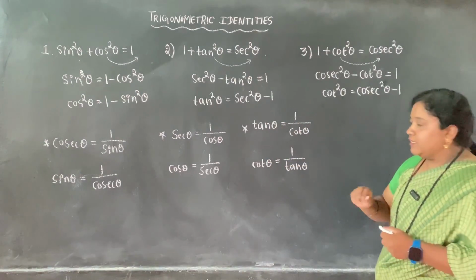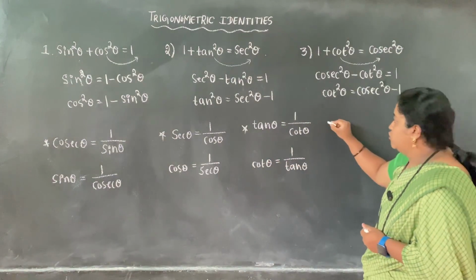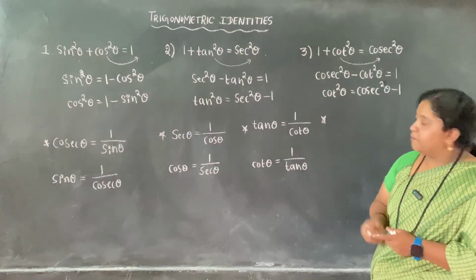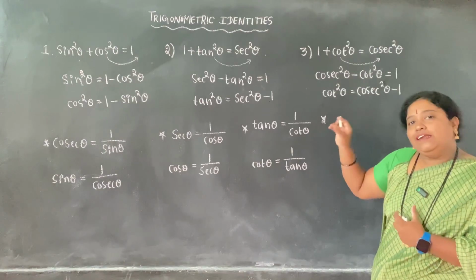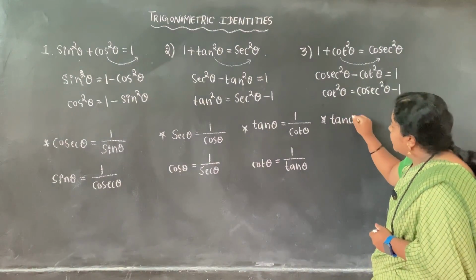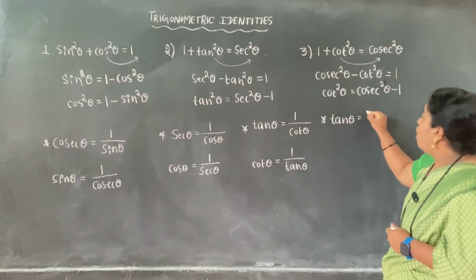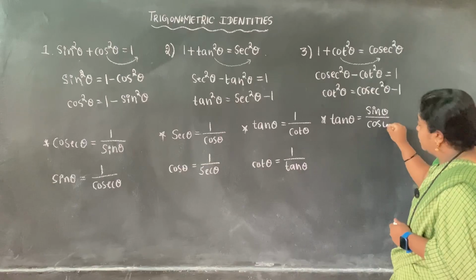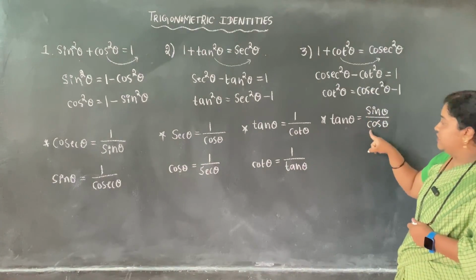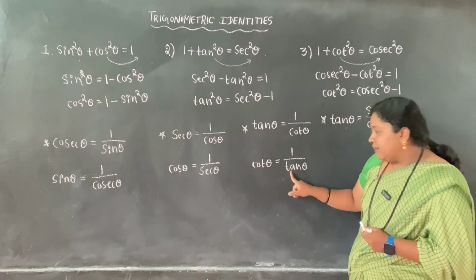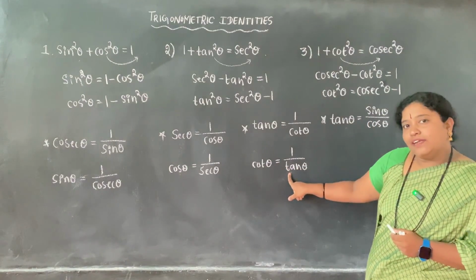And after that, there are two more conditions that you should know to solve the questions related to exercise 8.3. While deriving the table, I told you, dears, tan theta is the ratio of sin theta divided by cos theta. And we know that cot theta is the reciprocal of tan theta. Yes or no?